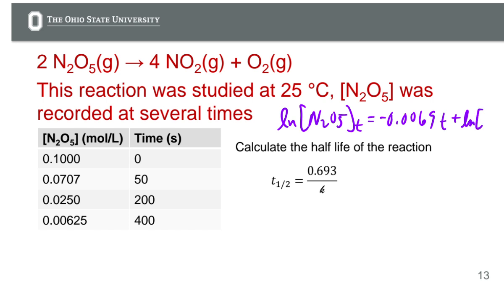Okay, take a minute there. What do we need to do to calculate the half-life?